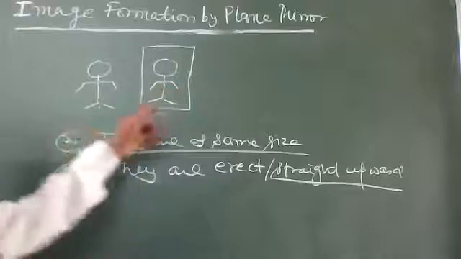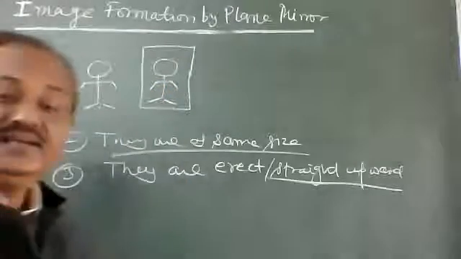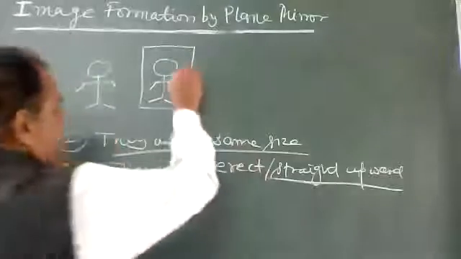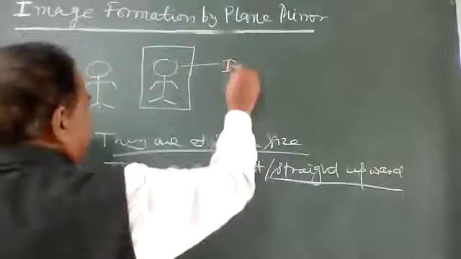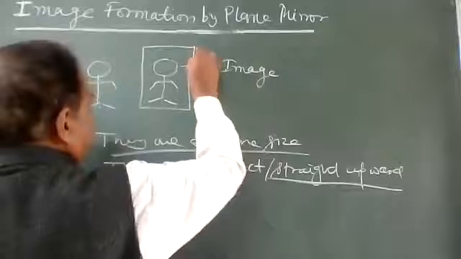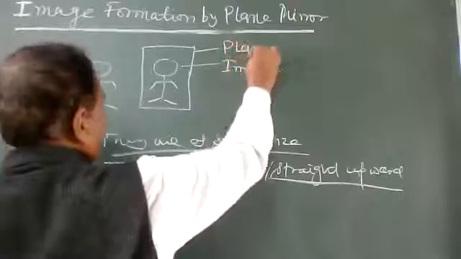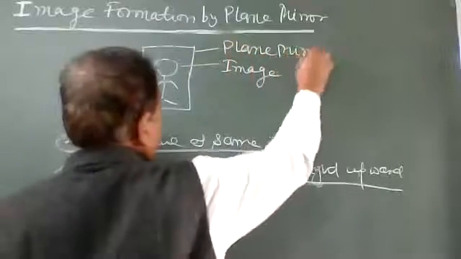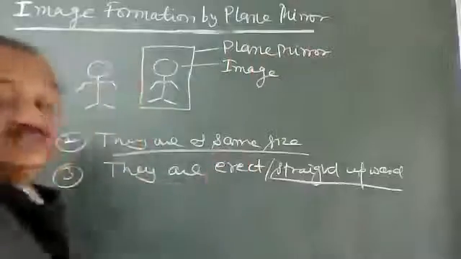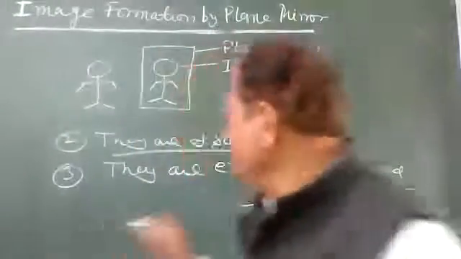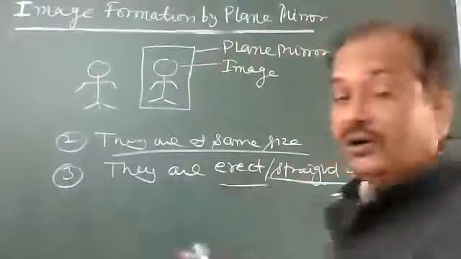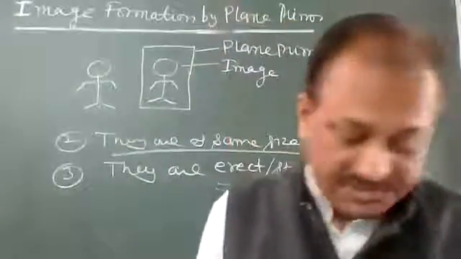It replicates. This is the image. This is plane mirror. So this is the third point, that they are erect or straight upward, just in a standing position.